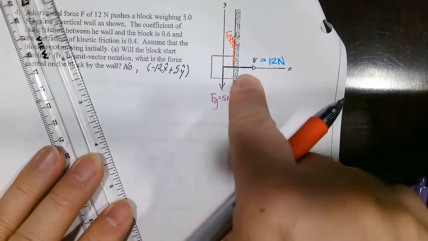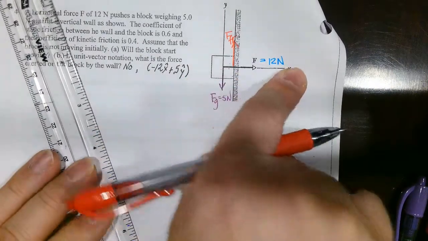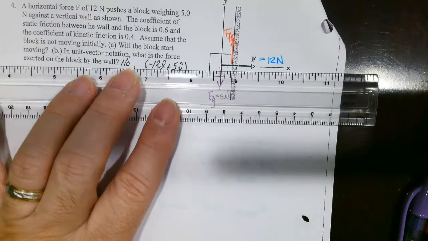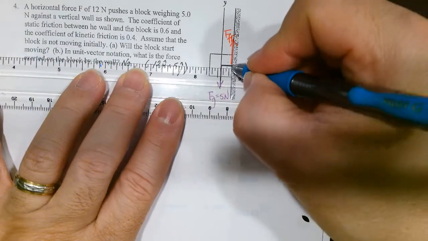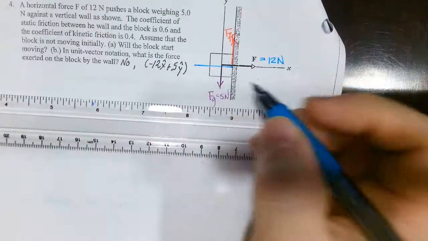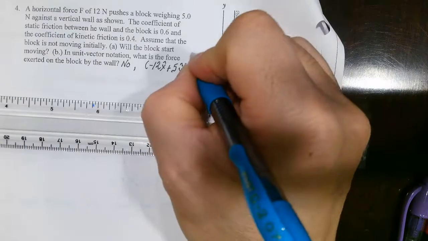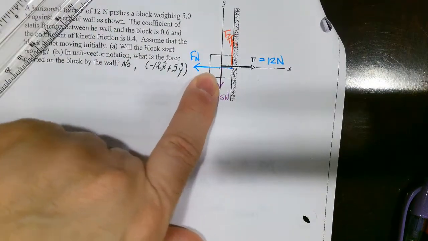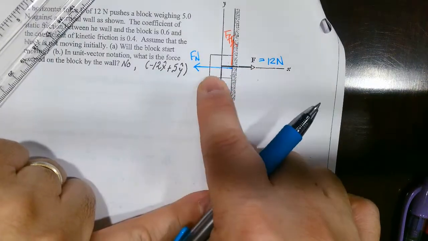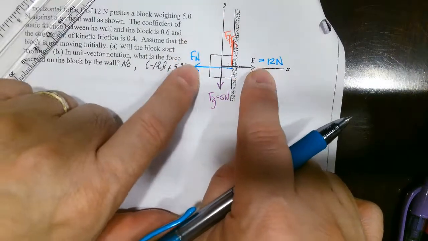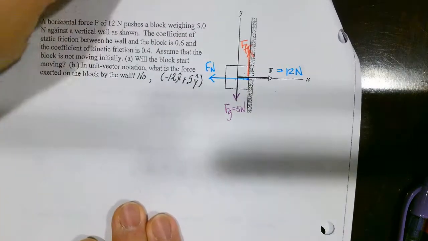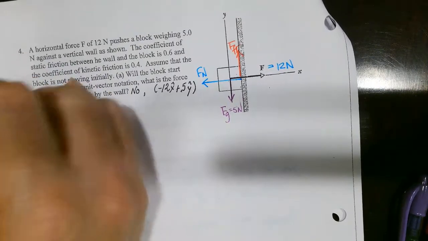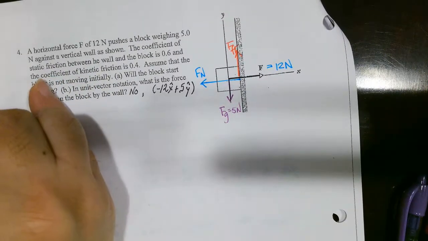Now, because this force is pushing into the wall, the action and reaction pair will create a force pushing out from the wall towards the block, which we call F normal. So the normal force is created by how much force was pushed against the wall, and obviously these two have to equal each other. Let's find out what's going on. We know F normal is 12, but let's work it out anyway.